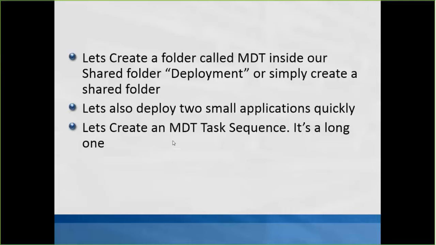Now we're going to create the MDT task sequence, which means what? We're going to configure MDT to deploy an operating system to an empty machine with the UDI feature.